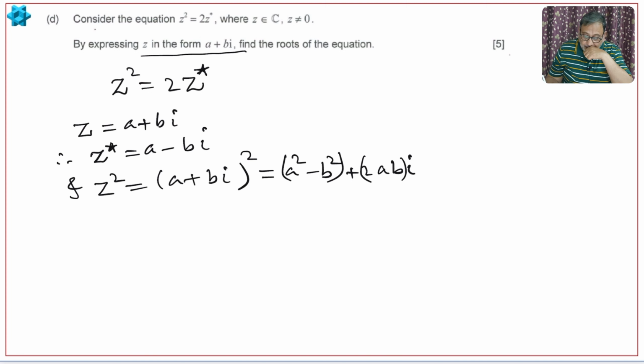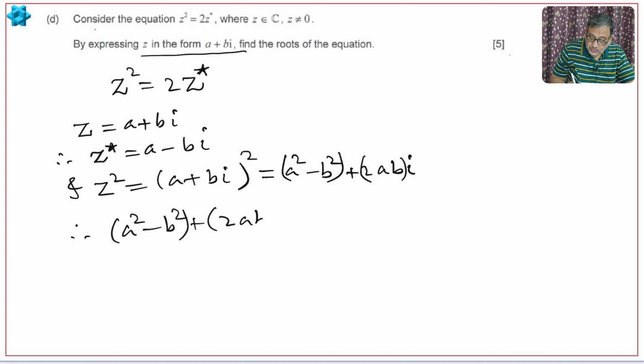Okay, now z square is given, so therefore z square means this, a square minus b square plus 2abi is equal to 2 into z conjugate. Z conjugate is a minus bi, which is 2a minus 2bi.